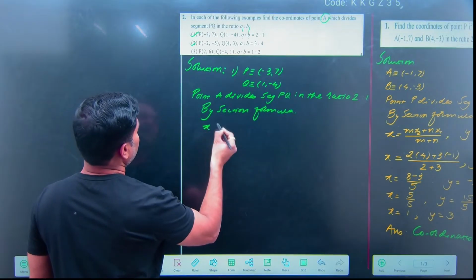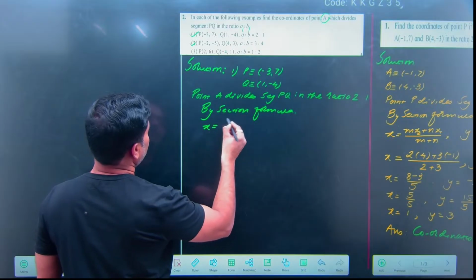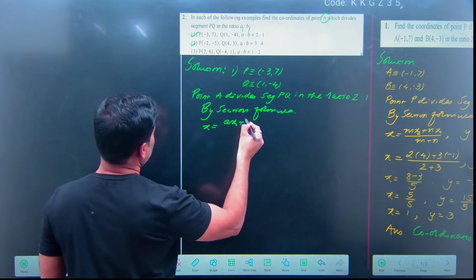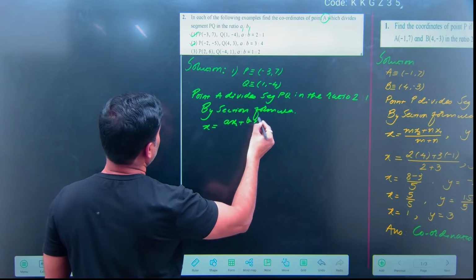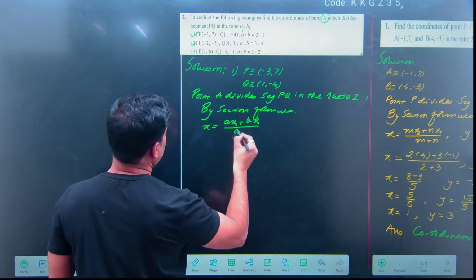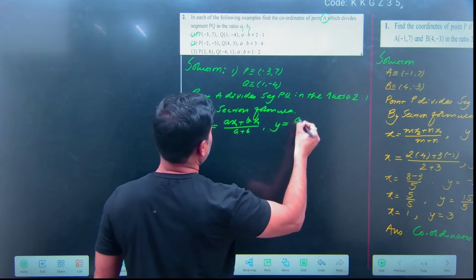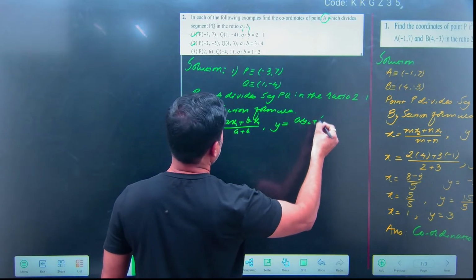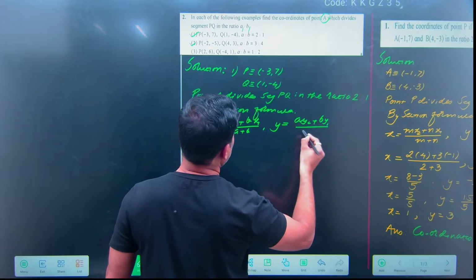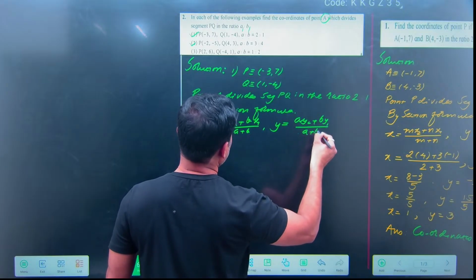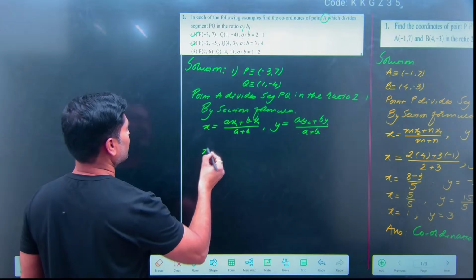So x coordinate of point A is given by a x2 plus b x1 that upon that a plus b, and y is given by that a y2 plus b y1 that upon a plus b, that is sum of these two multiples.